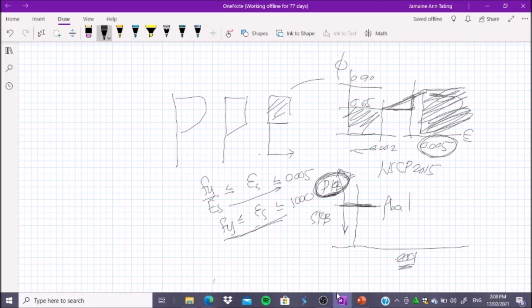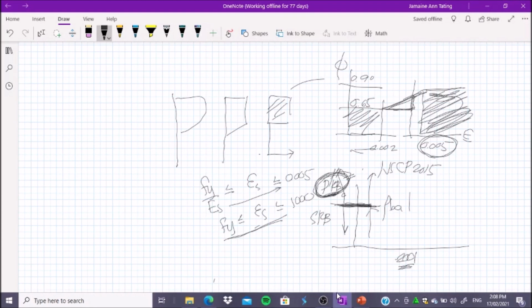Kapag not DRB, over-reinforced, hindi pwede. DRB, okay lang yan. Pero over-reinforced, under-reinforced dito. Pag nag-design tayo, kung mag-over-reinforced na siya, mag-double-reinforced na tayo. Pero hindi na tayo paabot dito. Nagbibigay tayo ng allowance ng 0.75 rho balance.